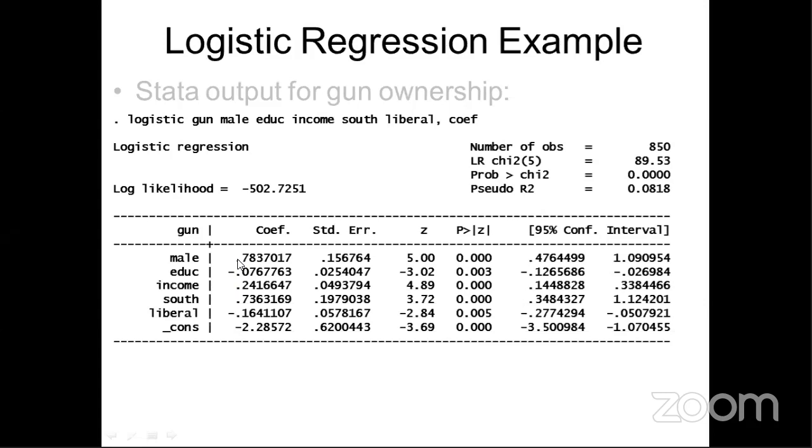Whereas the result for male is positive. That means the probability of owning a gun by males is greater compared to females. With a higher level of education, or an extra year of education, owning a gun reduces. Whereas as the income of the person increases, owning a gun also increases. Compared to north, the probability of owning guns for south households is higher in America.